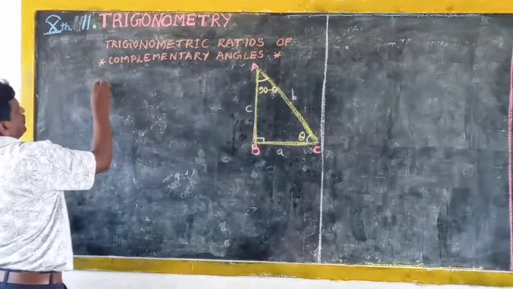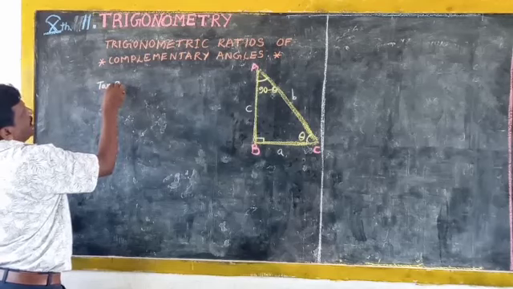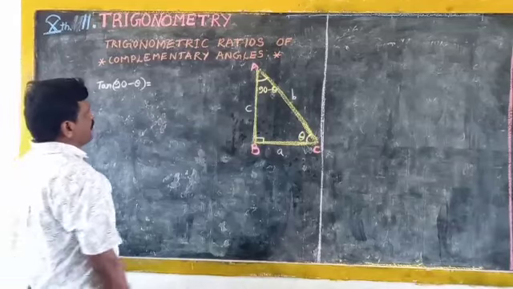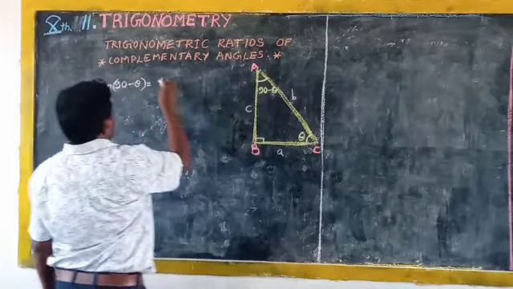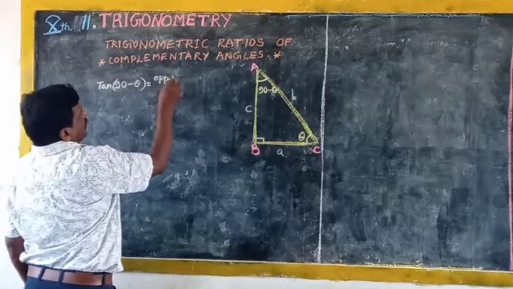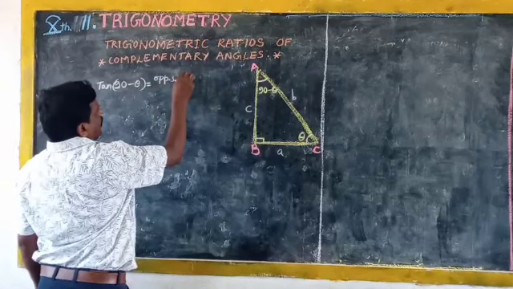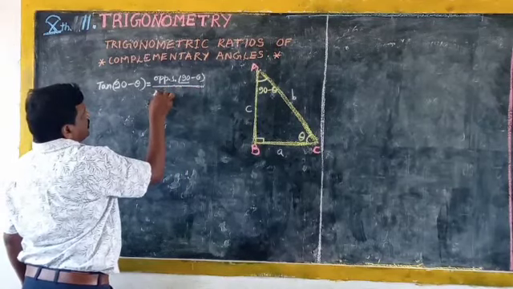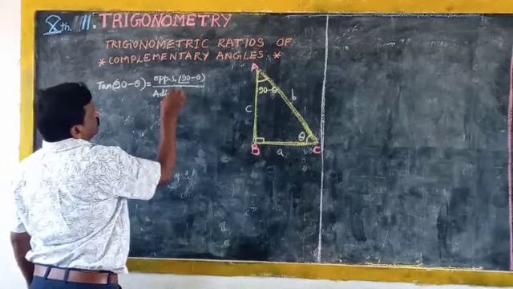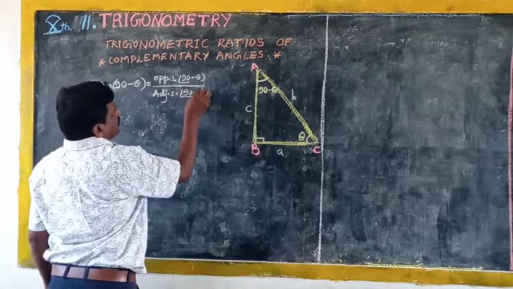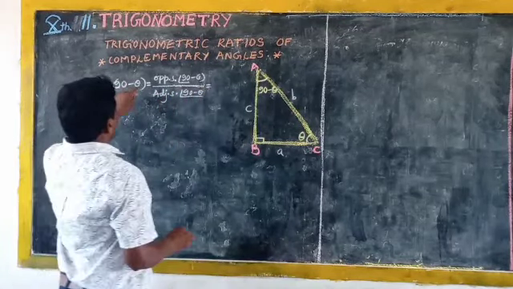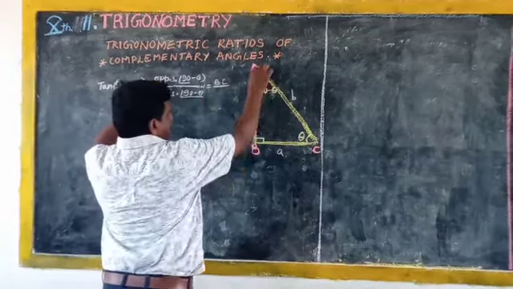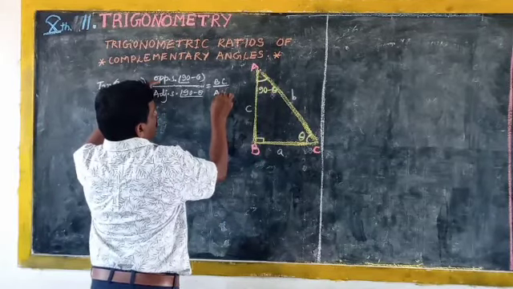Next, tan 90 minus theta. Tan is the opposite side of angle 90 minus theta by the adjacent side of angle 90 minus theta. The opposite side is BC, the adjacent side is AB.